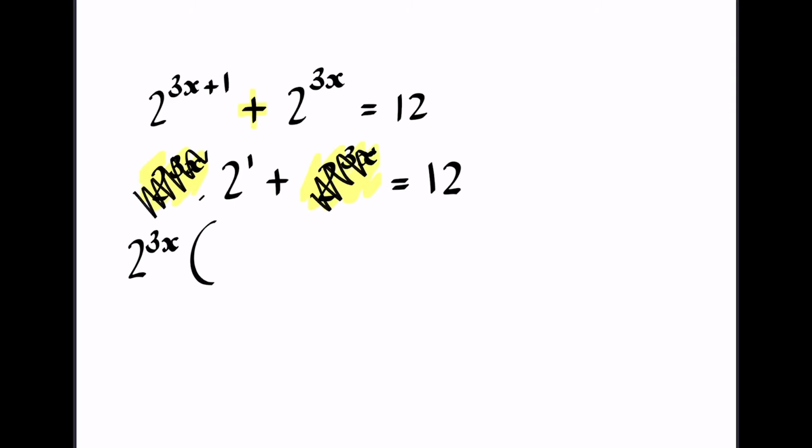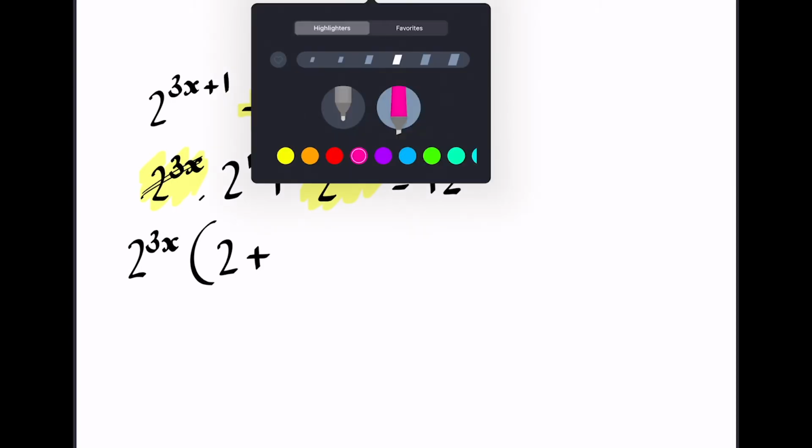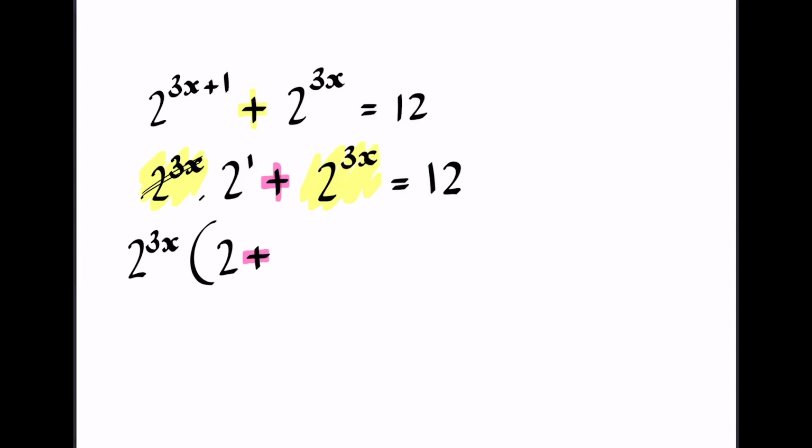All right, so when I take 2 to the power of 3x out of this first term, I'm left with a 2, or a 2 to the power of 1, plus, so I'm just going to highlight this plus being this plus over here. And when I take 2 to the power of 3x out of 2 to the power of 3x, it doesn't fall away, because if I were to go backwards and try to remultiply into that bracket, I wouldn't be able to, because there'd only be one term inside the bracket instead of the 2 that's needed.